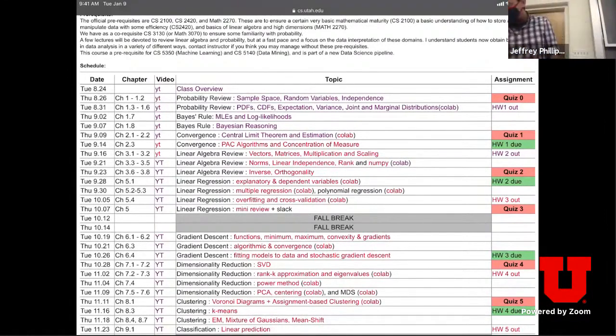Okay, what else? Quiz number 2 is going to be on Thursday. Quiz 2 will cover the topics on convergence, central limit theorem, these concentration and measure bounds, and then linear algebra.